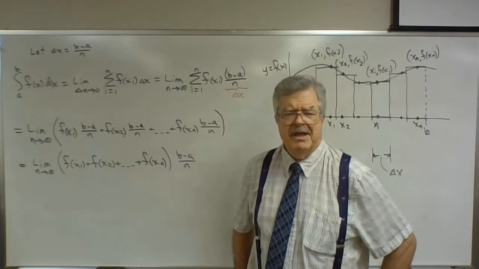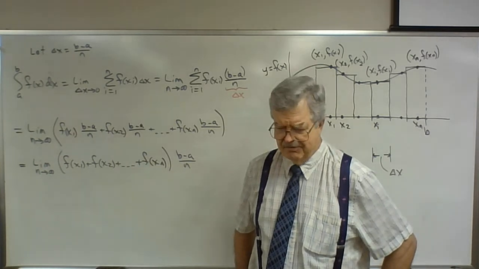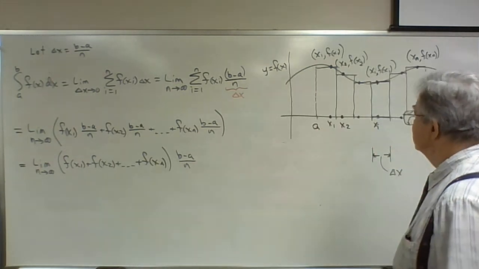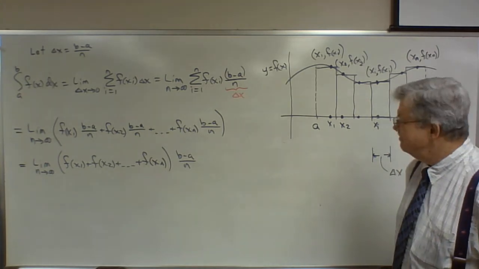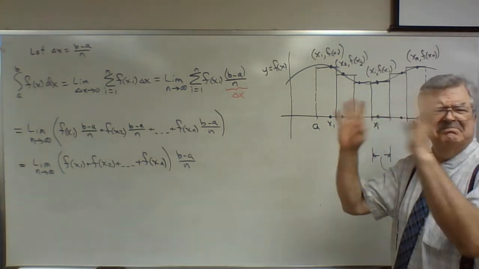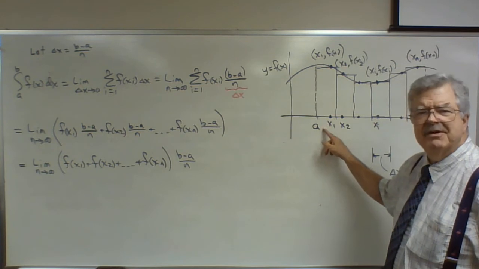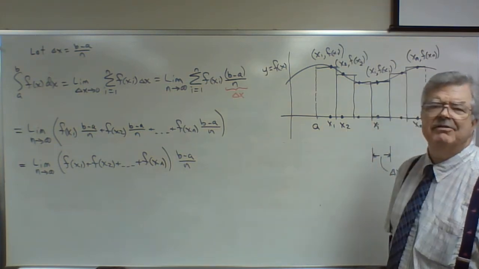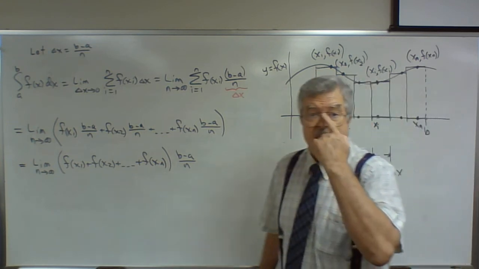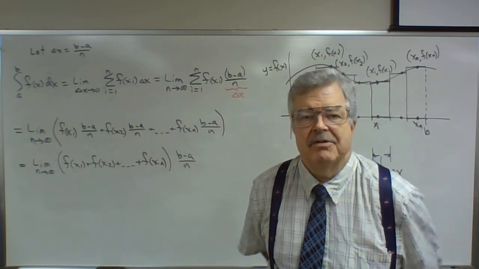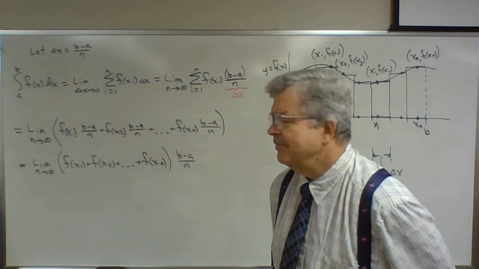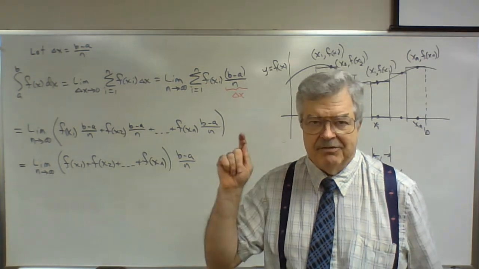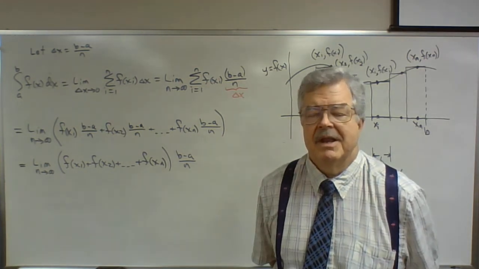Now, there's something else that we need to resolve. When we first set up this model, I said x of 1, any point in the first subinterval. X of 2, any point in the second subinterval. Well, if we have our computer simulate this, we're going to have a criterion for deciding how x sub I is chosen in each subinterval.